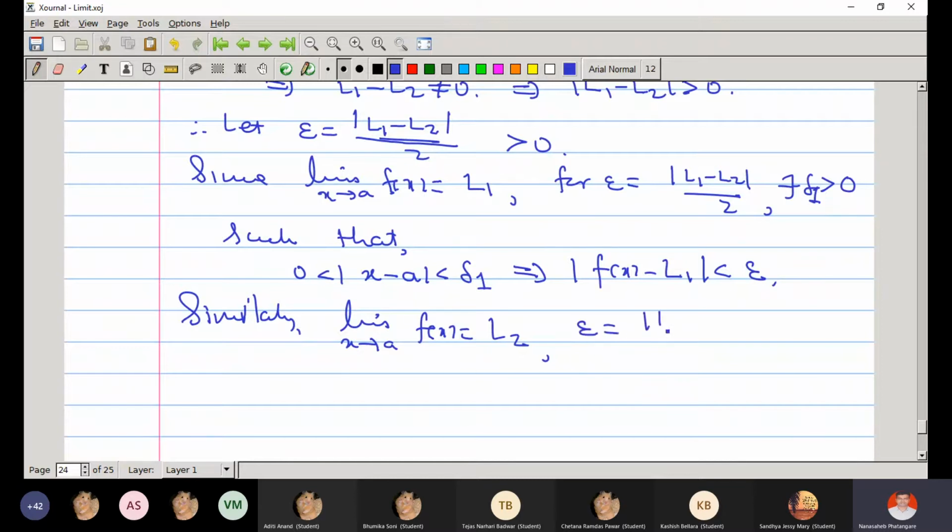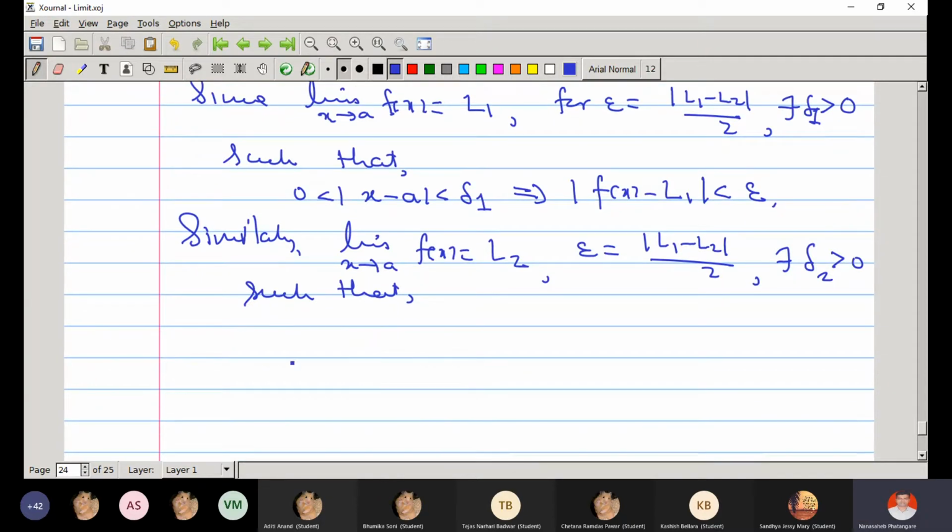In particular for the same epsilon, |L1 minus L2| by 2, there exists a delta, but this delta is different than the previous delta, right? Because here L2 is a different number, so there is another number delta 2 such that whenever the distance of x from a is less than delta 2, then the distance of f(x) from L2 is less than epsilon.